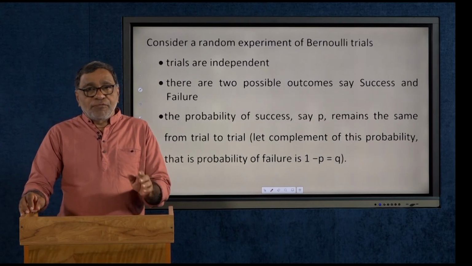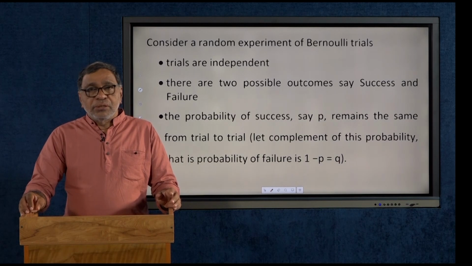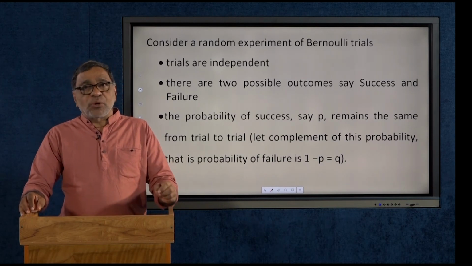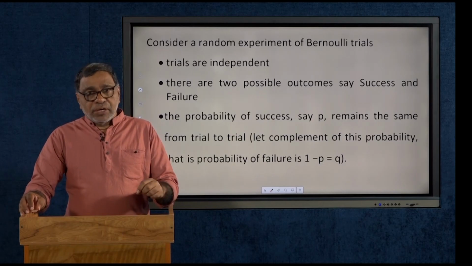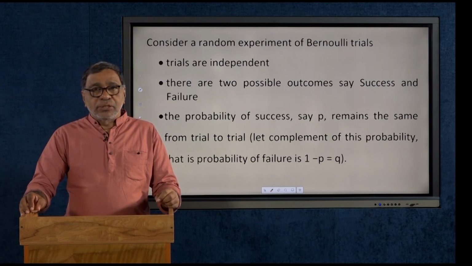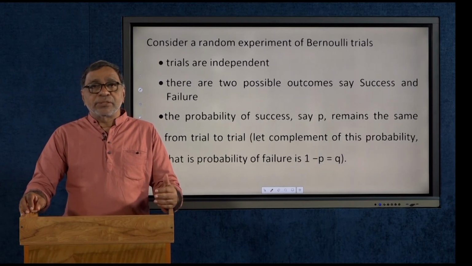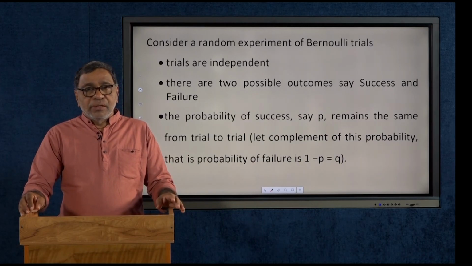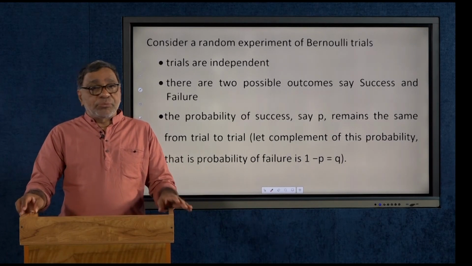In the case of geometric distribution, we are performing Bernoulli trials until a success is obtained, and we are modeling a random variable x, which is the number of failures preceding first success, and that is the geometric distribution.